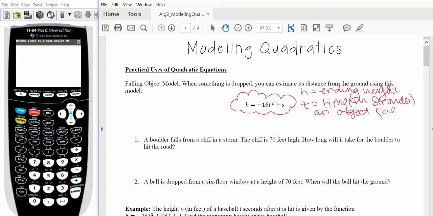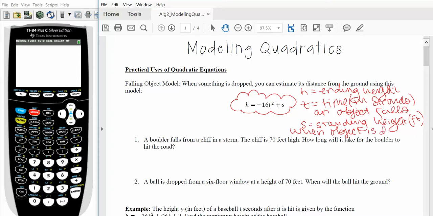And S in this equation is the starting height in feet when the object is dropped.